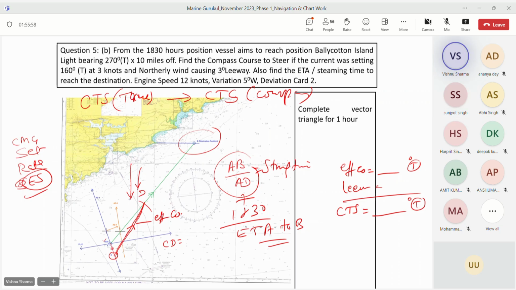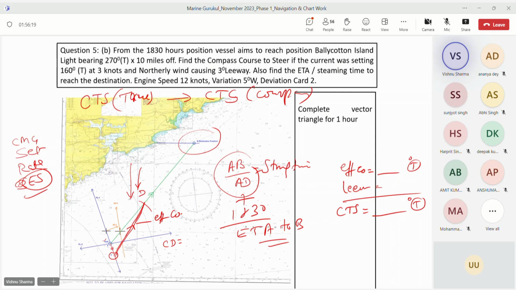You remember, guys, converting from true to compass? Yes, sir. First, you'll have to get the magnetic course, then take a small portion of the deviation card, modify it, and then get the deviation against the magnetic course. Yes or no? Yes, sir.